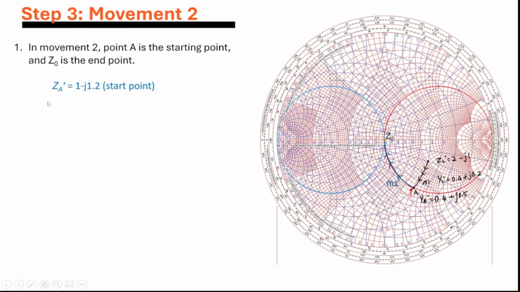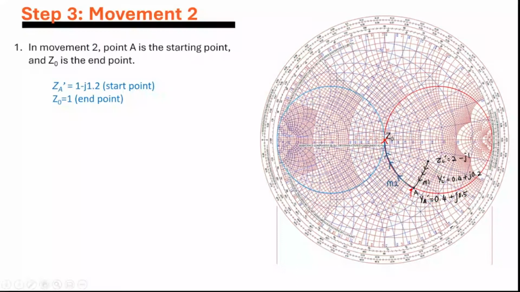So the ZA prime for point A is 1 minus J 1.2, which is our start point, and our end point is Z0 in the center here.